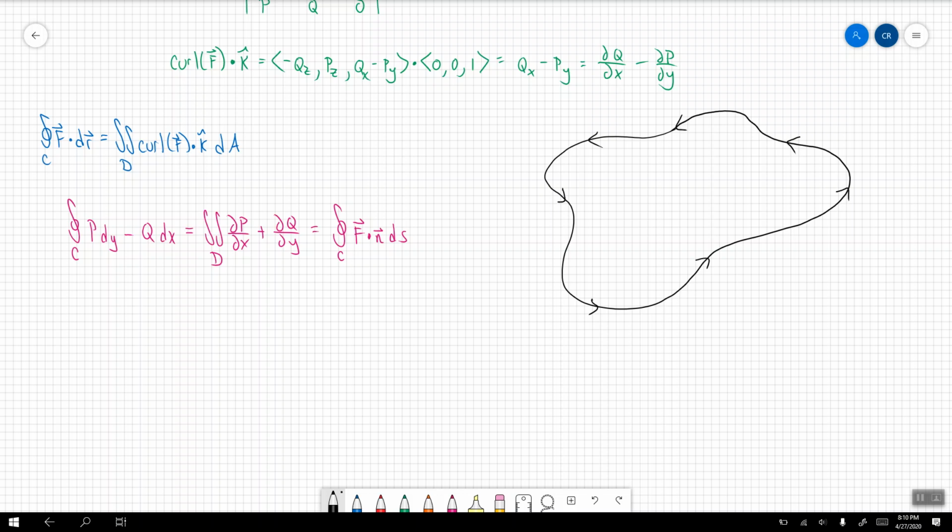Now this region that is being enclosed here is going to be my region D. Over here, this curve is just going to be curve C. Now, we can generate any parametric curve that will be able to carve out this specific curve. It'll be able to traverse that curve.